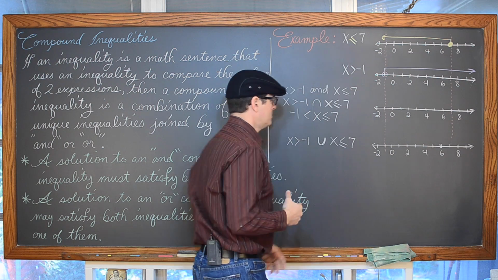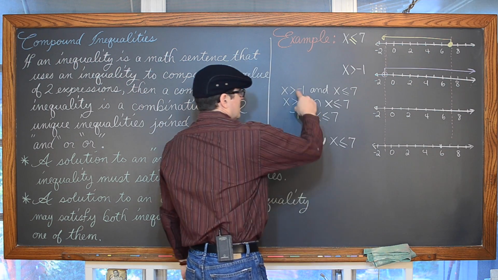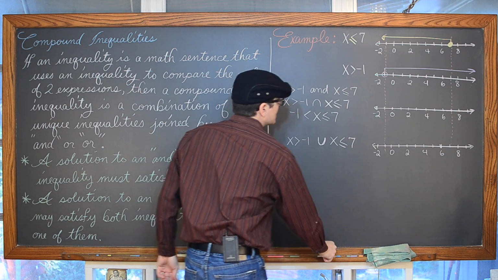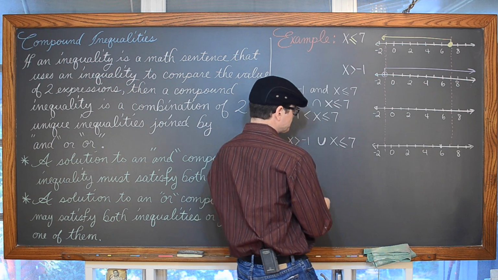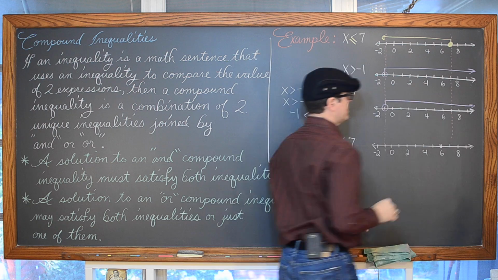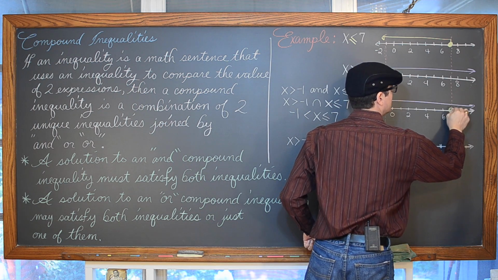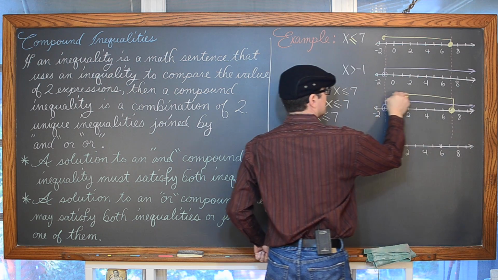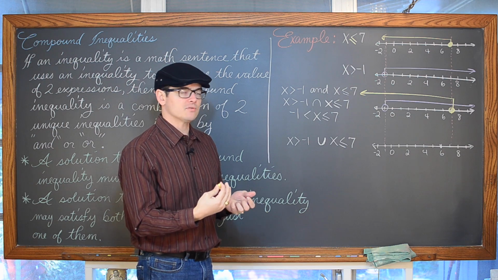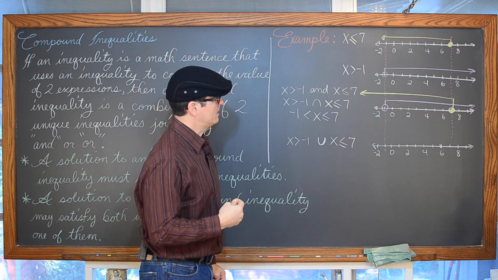So if I want to graph a solution to this compound inequality with the word and, we have an open dot going to the right for x is greater than -1, a closed dot and shaded to the left for x is less than or equal to 7, because normally when you do these graphs, you're not going to make a separate line graph for each unique inequality.